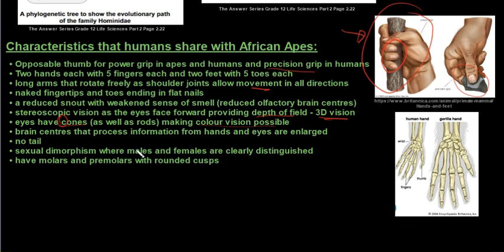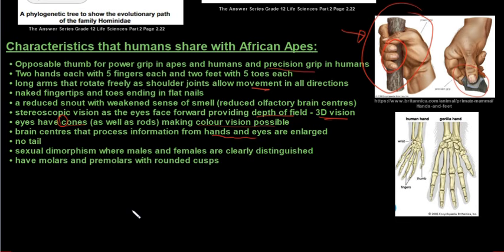Then the brain centers that process the information from hands and eyes are enlarged for very good hand-eye coordination. Neither humans nor apes have a tail. Then sexual dimorphism, where males and females are clearly distinguished. So sexual dimorphism means that when you see a male or a female, you can clearly distinguish that it is a male or a female.